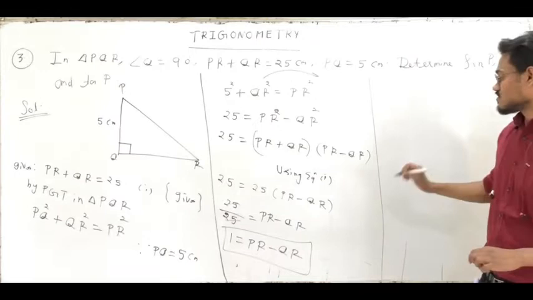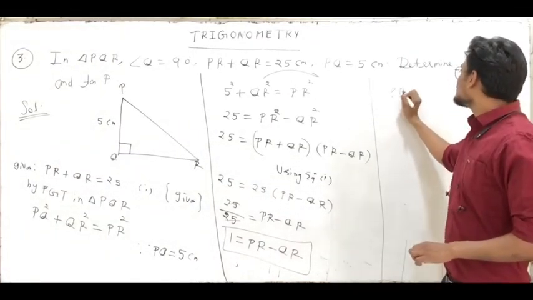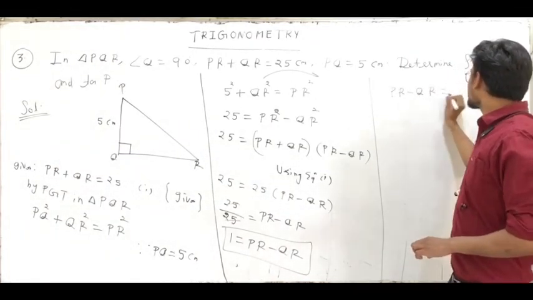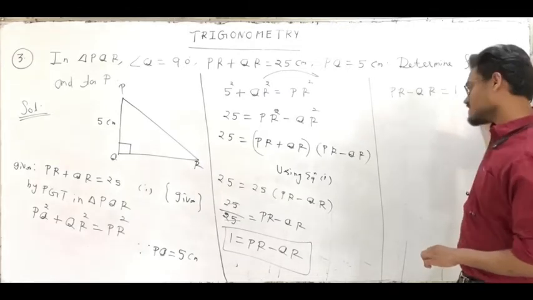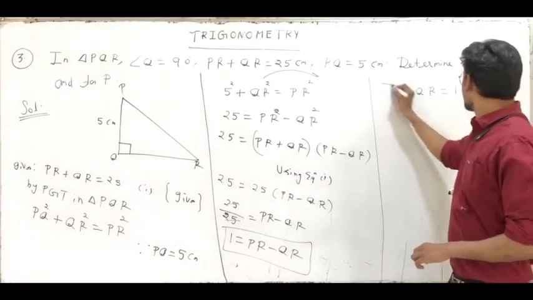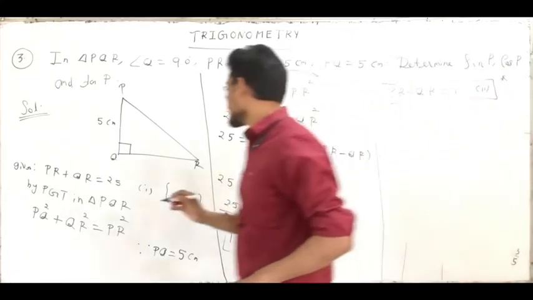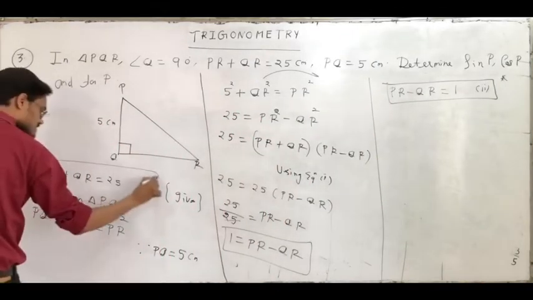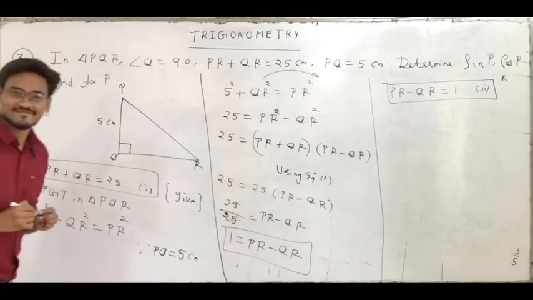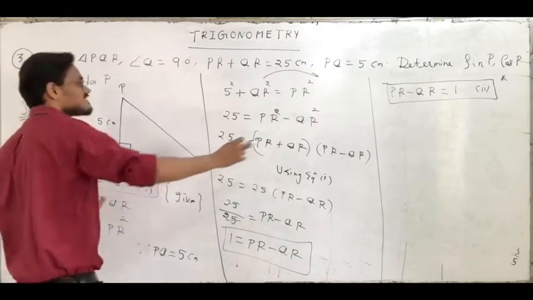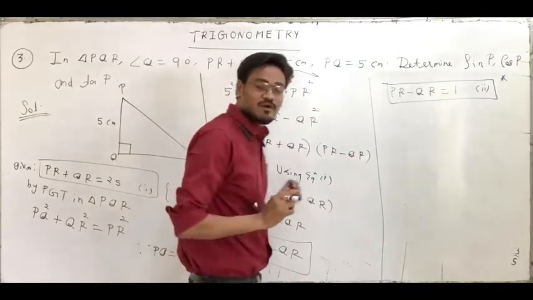Okay, so what I found? I found PR minus QR is equal to 1. Equation number 2. Now students, just observe this one and this one. कुछ याद आया? ऐसे तो हमने बहुत काफी इक्वेशन सॉल्व करी है.